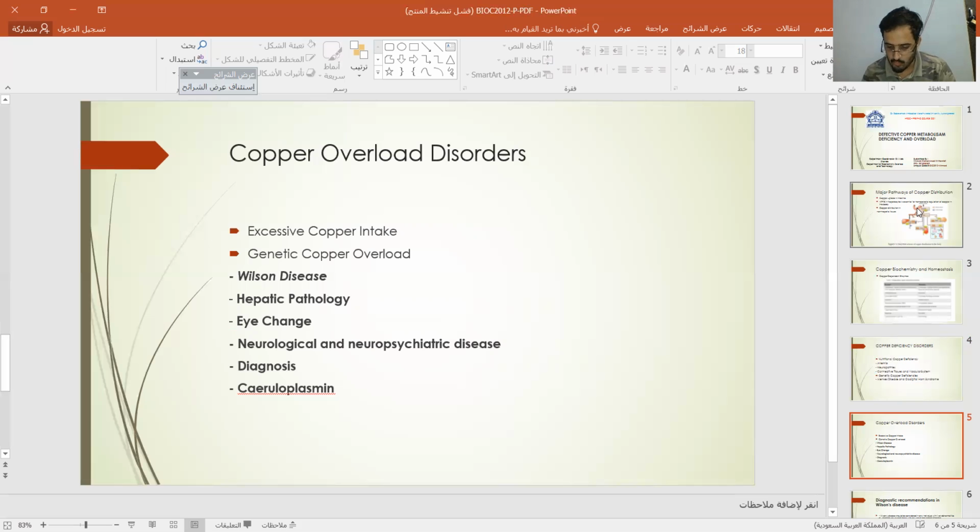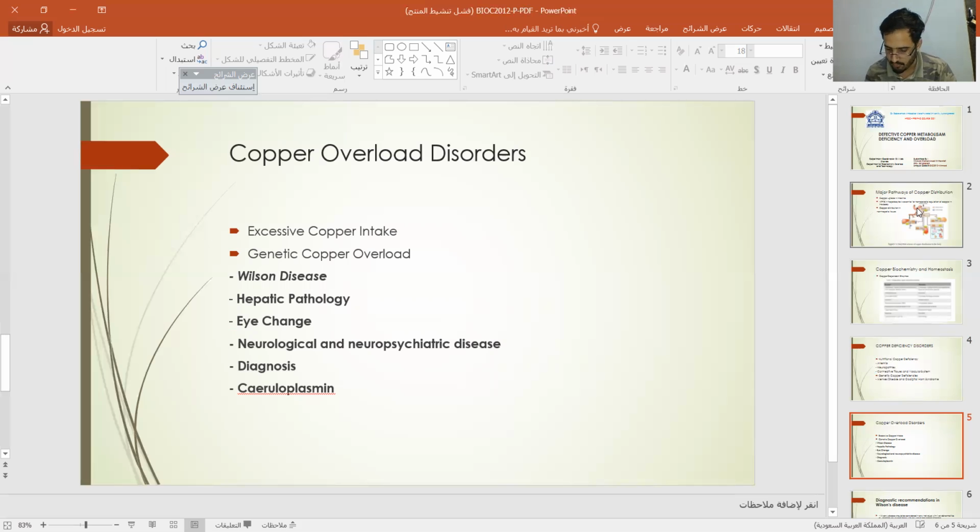In the past decade, we have had major advances in our understanding of the pathogenesis, cellular biology, and molecular genetics of the disease. Most symptoms first appear in the second and third decade of life. In the affected individual, there is accumulation of excess copper in the liver caused by reduced excretion of copper into the bile.